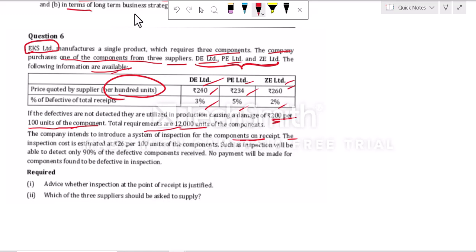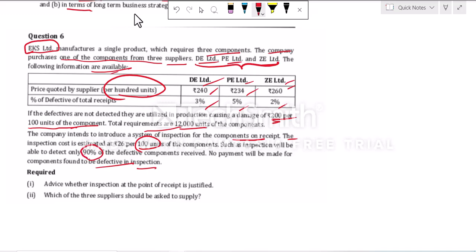Such inspection will be able to detect only 90% of defective components received. No payment will be made for components found to be defective in inspection. Okay, see, it will cost 26 per 100 units, but it can only detect 90% of total defectives.